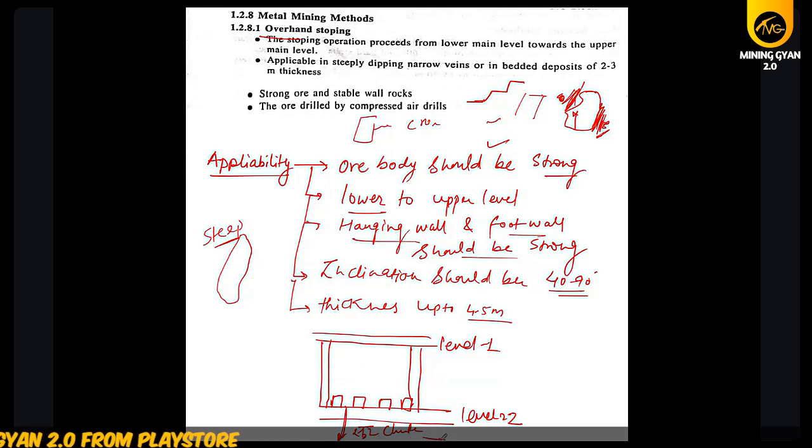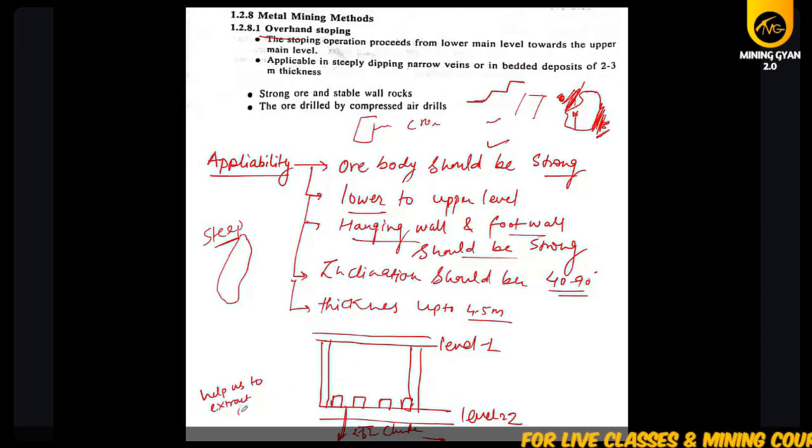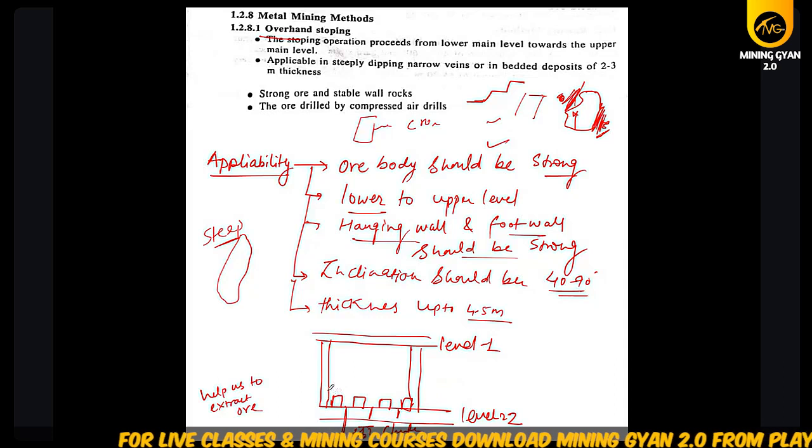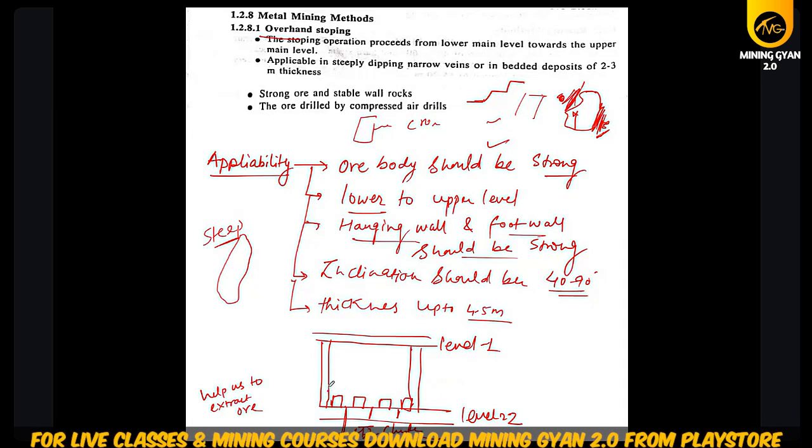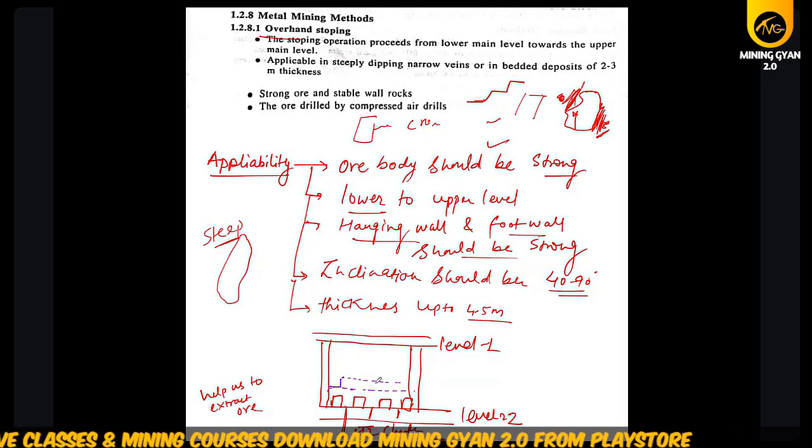which helps us to extract this gap. Okay, so in the overlying stoping, first we will extract this one. Okay, then we will extract up to this. And in third, we will extract this.